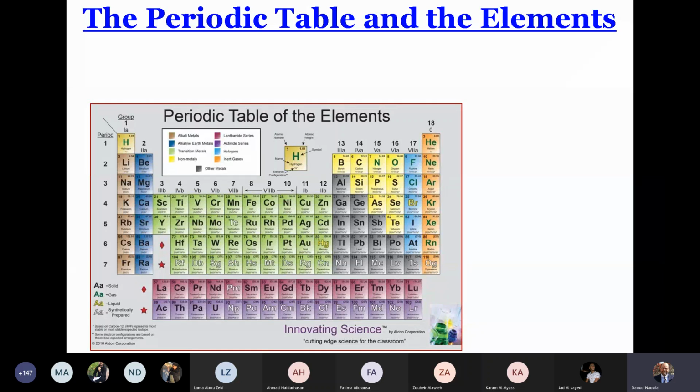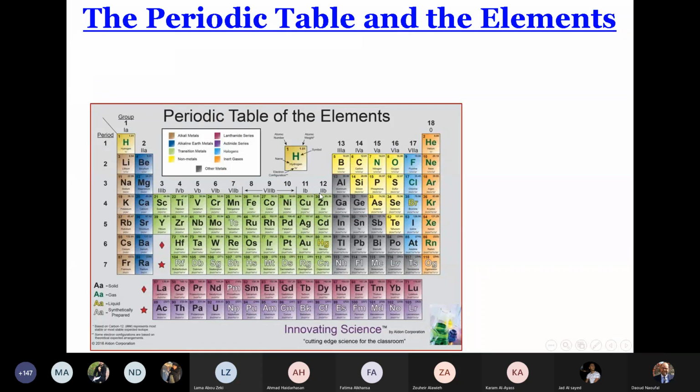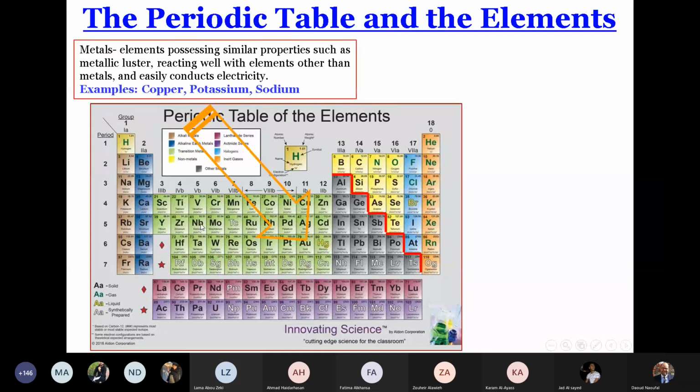How do we know the property of the element, whether metal, non-metal, or metalloid? We construct what we call the boron ladder. From boron, we construct the red ladder. The elements below are metals.